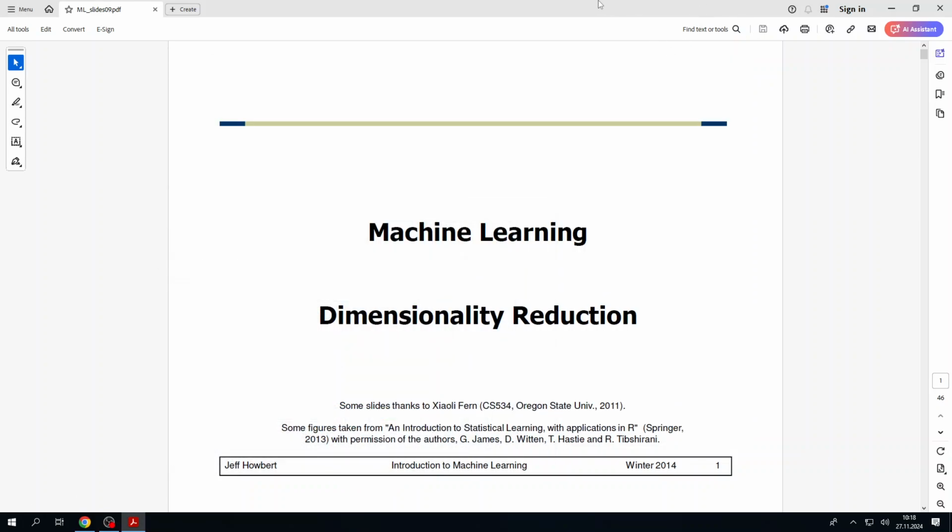We are slowly approaching the end of our course, so today we will speak about some more specifics related to unsupervised machine learning. In particular, we'll discuss a technique called dimensionality reduction, which we started to discuss last week.